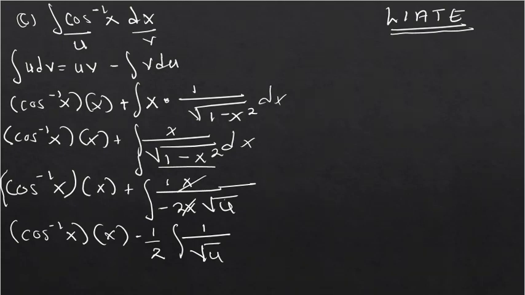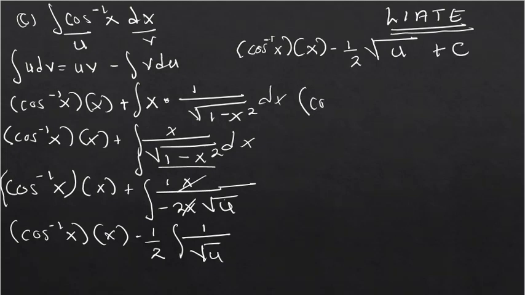So our final answer is going to be cosine inverse of x times x minus 1 over 2 square root of u plus c.